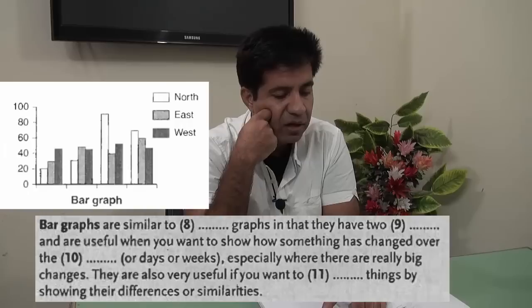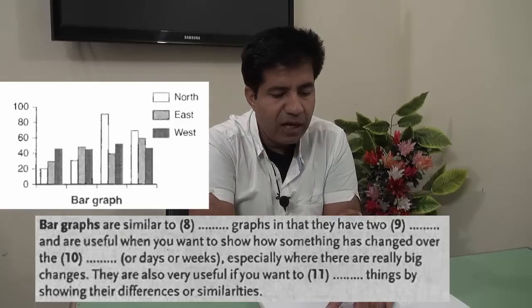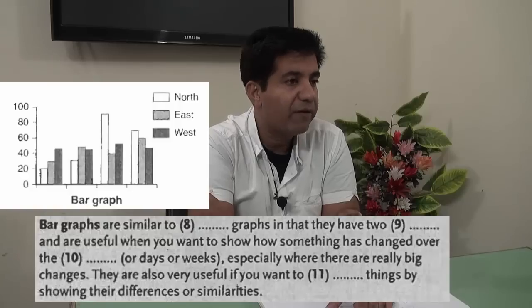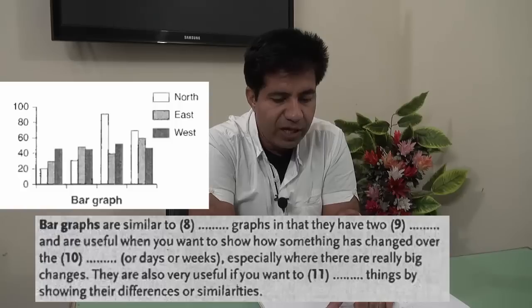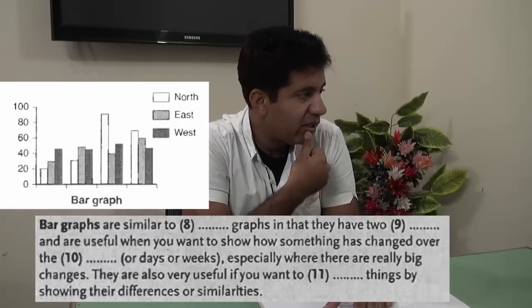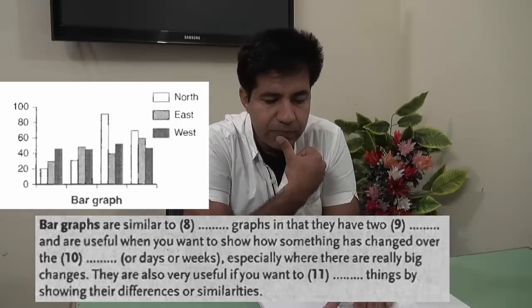Next we've got the bar graphs, or we also call it bar chart. Bar graphs are similar to line graphs in that they have two axes. AXES, axis. In the blank you will write axis.